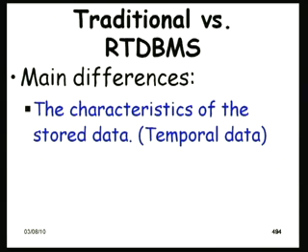One of the major differences is with respect to the characteristics of the stored data, which we will call the temporal data, where time is a dimension here, and the data validity changes with time, which we did not have in the case of a traditional database. Time was inconsequential to the validity of the data.